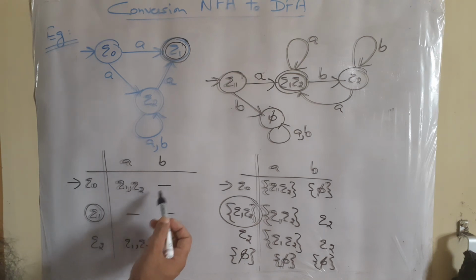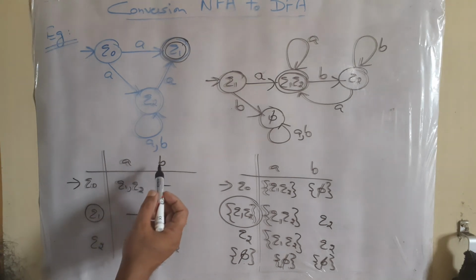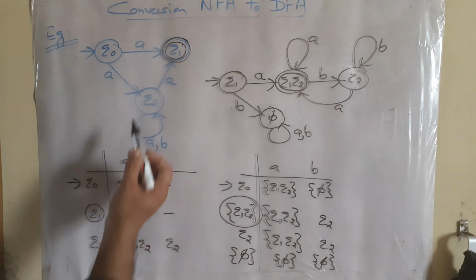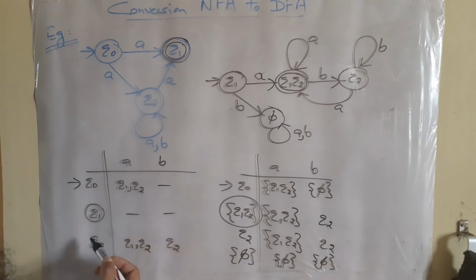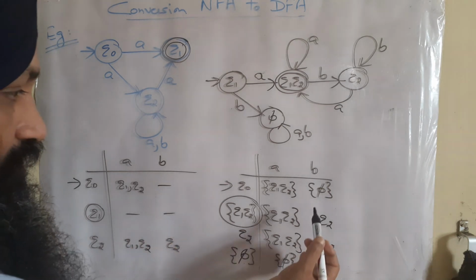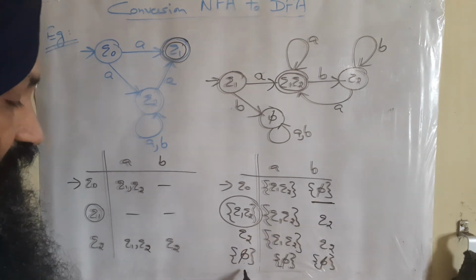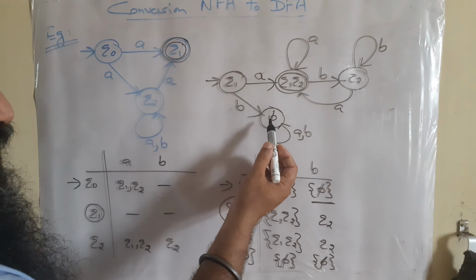These are no action states, whereby Q0 does not respond to the B input symbol, and similarly Q1, which is the final state in the given question, does not respond to both symbols. But here correspondingly we have phi and phi as another state. So this is going to be the dead state.